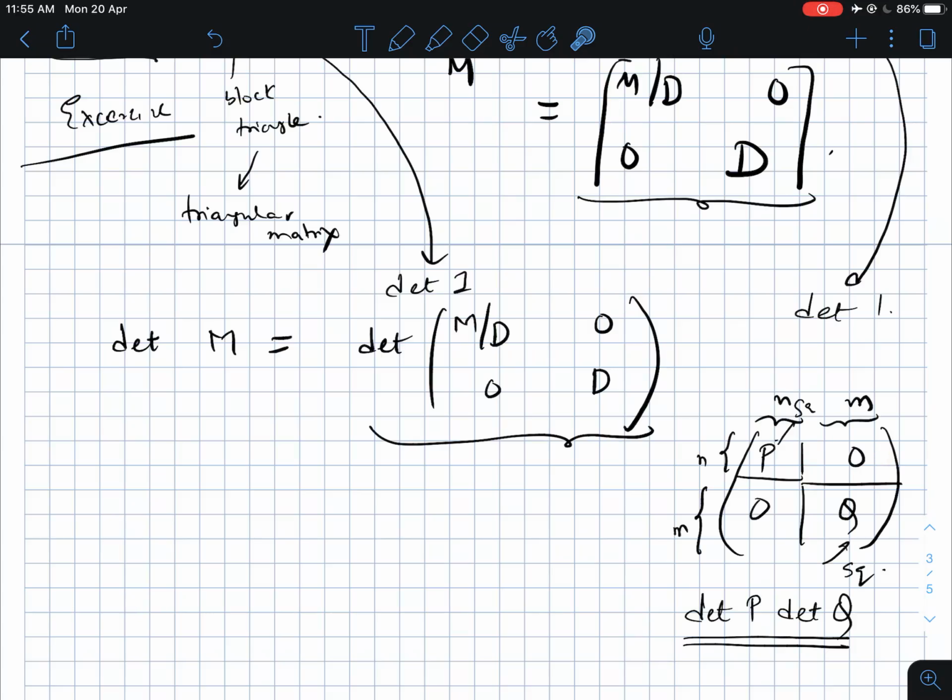So that means from the first n rows, I'm only forced to pick entries from the first n columns, which is precisely what you would have done if you were trying to find the determinant of P, right?